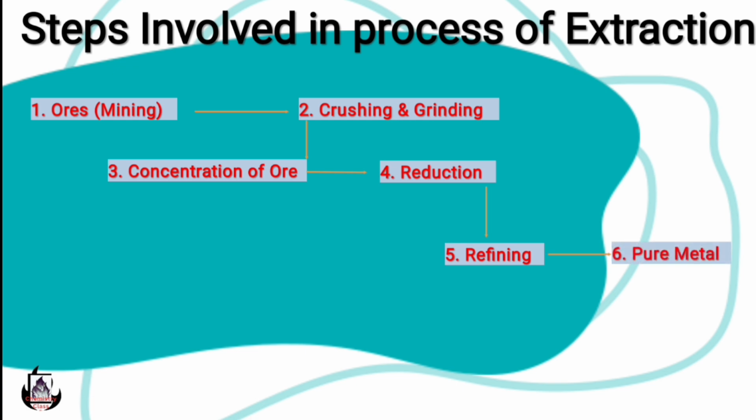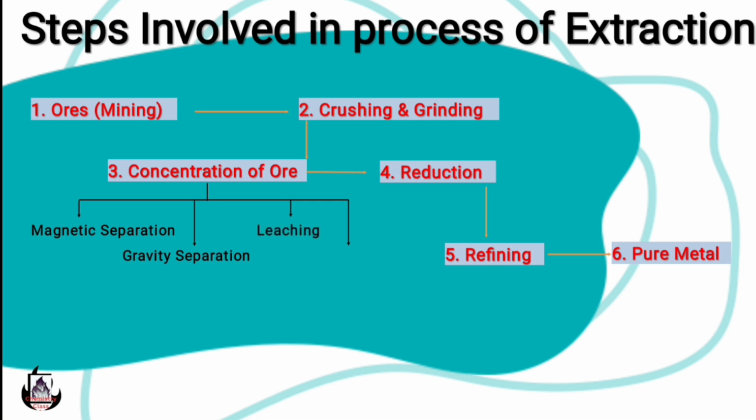Concentration of ore is nothing but removing impurities from ore, and it can be done by 4 different methods. Number 1, magnetic separation. Number 2, gravity separation. Number 3, leaching. And number 4, froth flotation method.